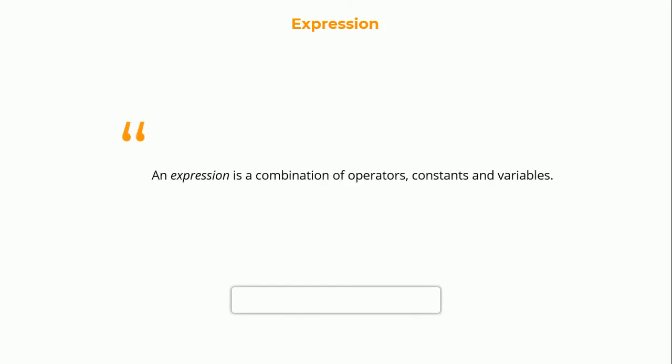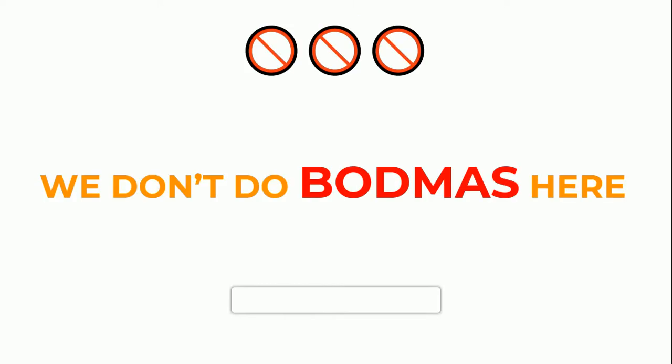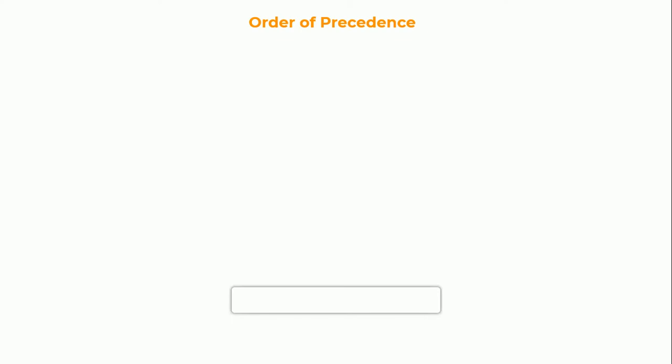Now, an expression is a combination of operators, constants, and variables. We spoke about that already in the previous session. Now, in programming, we don't use BODMAS. We follow a certain procedure, and that procedure is known as the order of precedence.